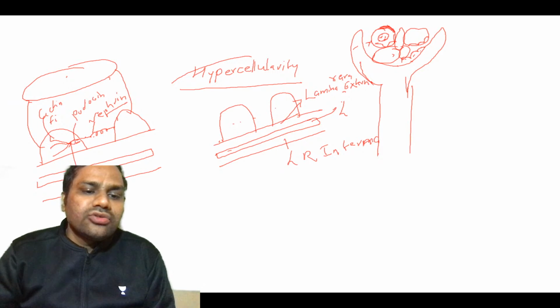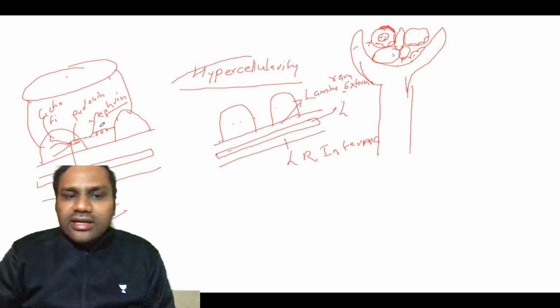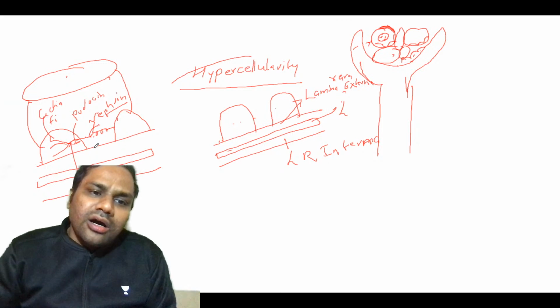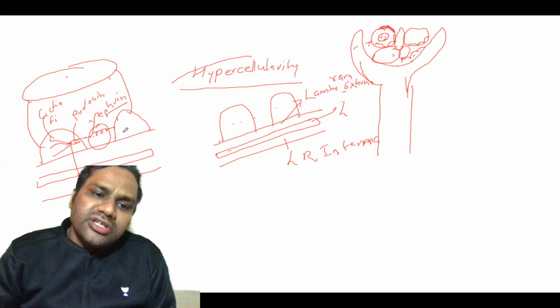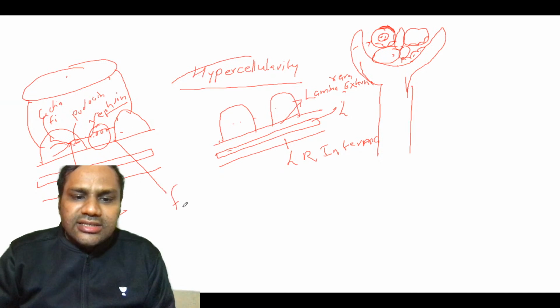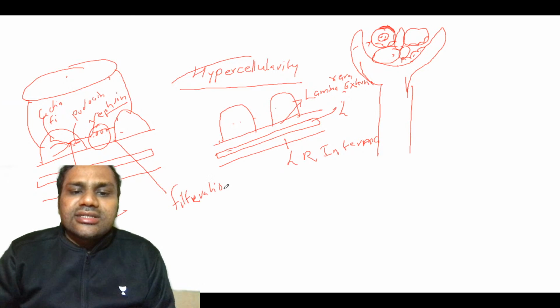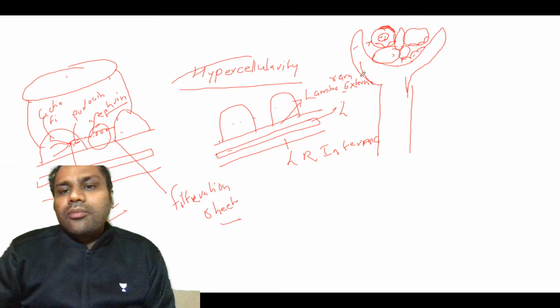These are some of the important structures which connect the foot processes, and the space between two foot processes is known as the filtration slit. So we have done all about the filtration slit.